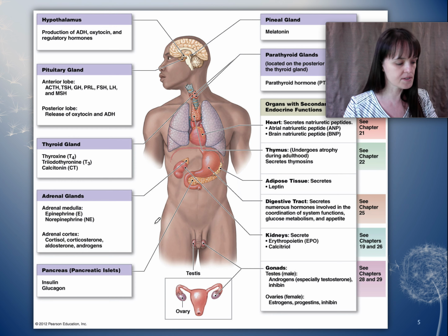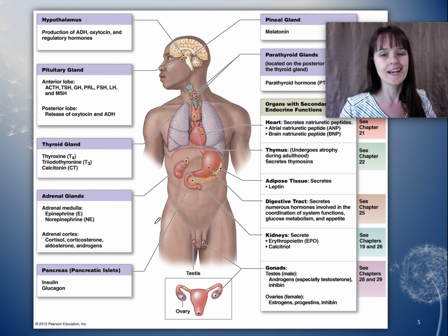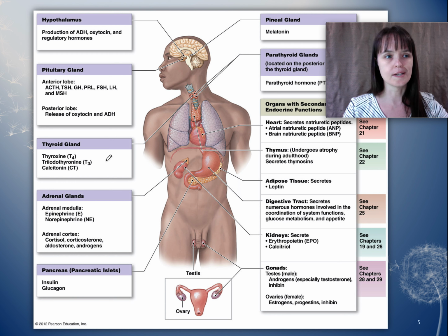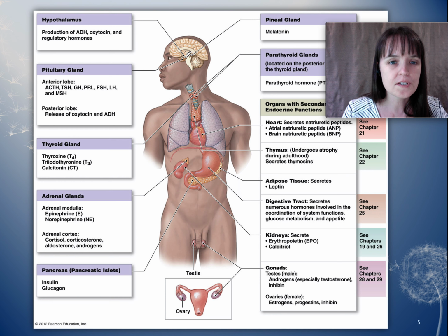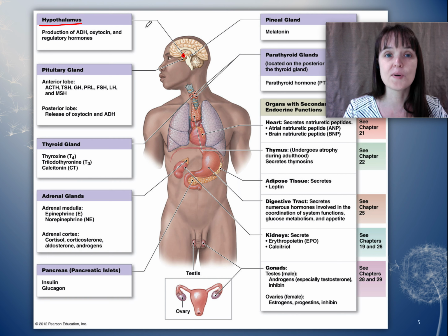So let's cover these basic concepts of endocrine, and then we will dig into the note set. The first bit here is the little snout of the seahorse in the brain, and it's part of the diencephalon, and that's the hypothalamus. The hypothalamus makes ADH, which I believe we already talked about.